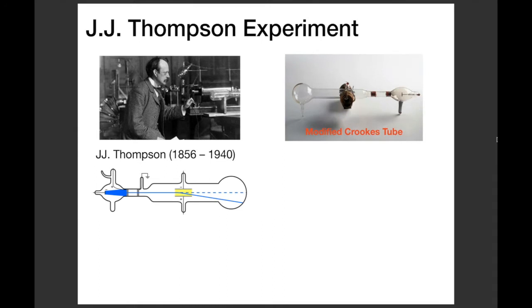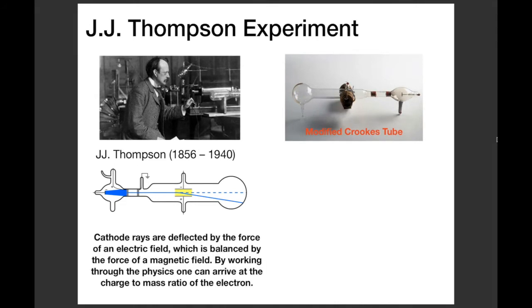In another series of experiments, he used a modified cathode ray tube. This cathode ray tube possessed, in addition to the charged plates which generate the cathode rays, two additional charged plates that were separated by some distance, and a magnet in between those two charged plates. The cathode rays, when shot down through the center of those plates, would be attracted by the positively charged plate, deflecting them off of a straight trajectory.